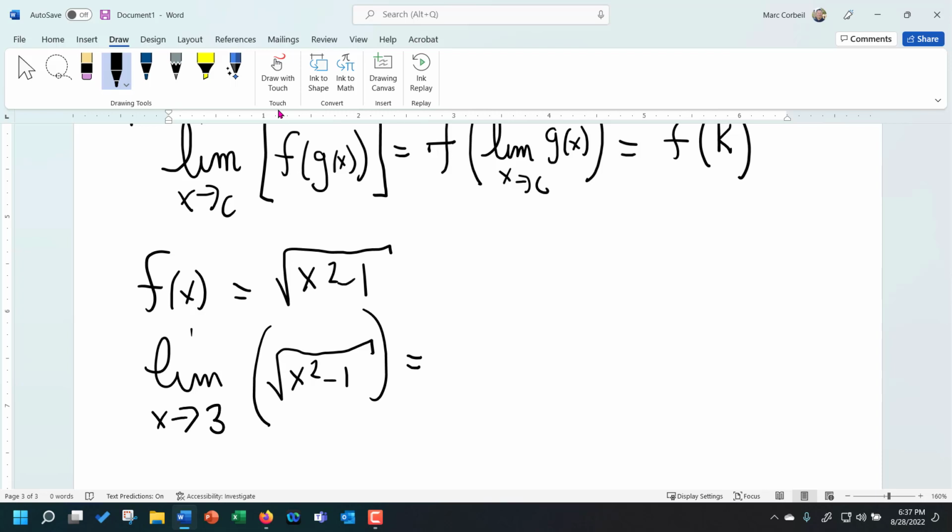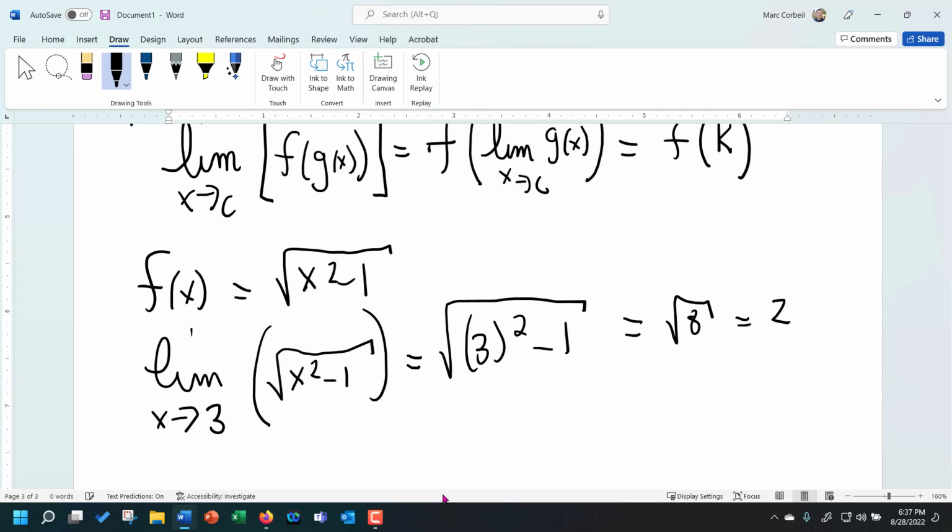So I can do it in 2 ways. I can simply do it directly, which is probably more straightforward when we can. So I can go ahead and put that directly in the composite function, which would be the square root of 3 squared minus 1, which would be the square root of 8, which would be 4 and 2, so 2 root 2. So I can do it directly like that.